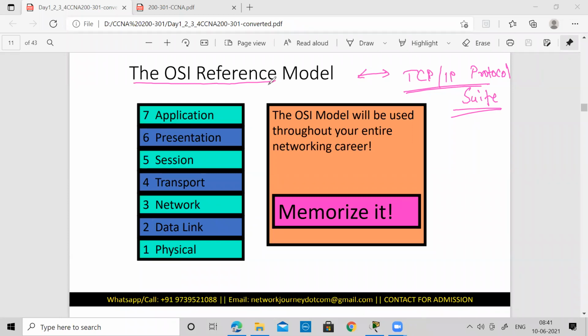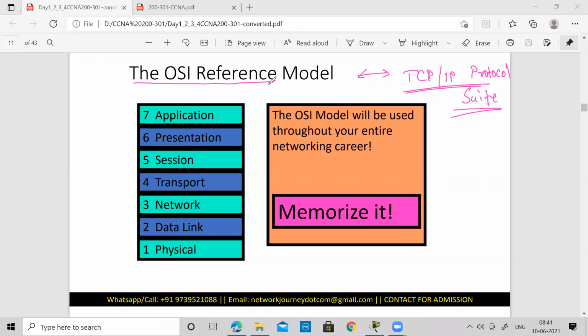So why do we still look into OSI if we don't use it? We just understand it for our theoretical understanding. When you're using Packet Tracer, you will see that it shows you a 7-layered architecture, but in general it is not being used for the internet, because the TCP/IP protocol suite was already in place, and it also follows a layered architecture, which we will see shortly.